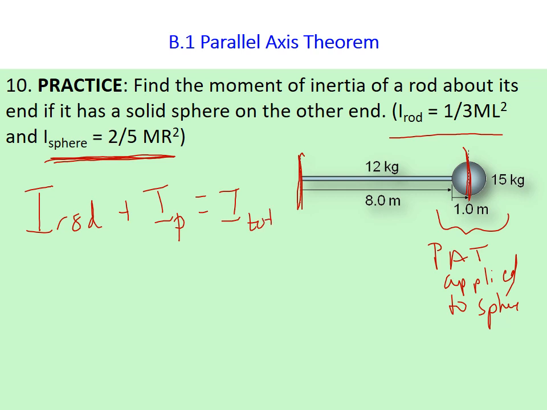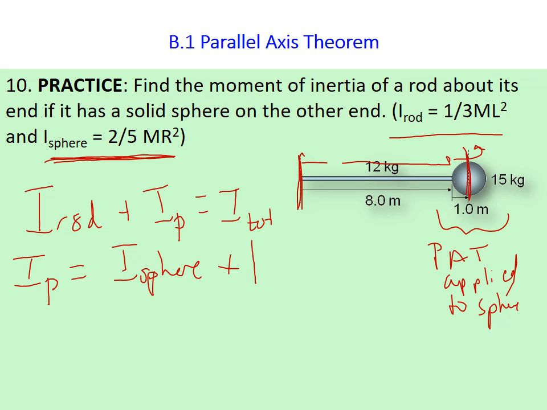The moment of inertia for the sphere, using the parallel axis theorem, we will calculate using the I sphere equation, which would just be looking at the object if it was rotating alone by itself about its own center of mass, and then you combine that independent rotational inertia with the fact that it is actually rotating this far away from an axis.